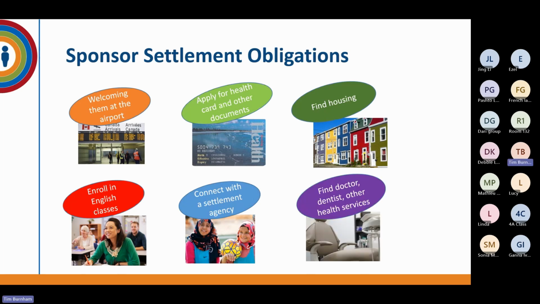And to help them find a doctor, a dentist, and other health services here. So this isn't a complete list, but these are just some of the things that you have to do in order to help the refugees to settle in Canada when they arrive.